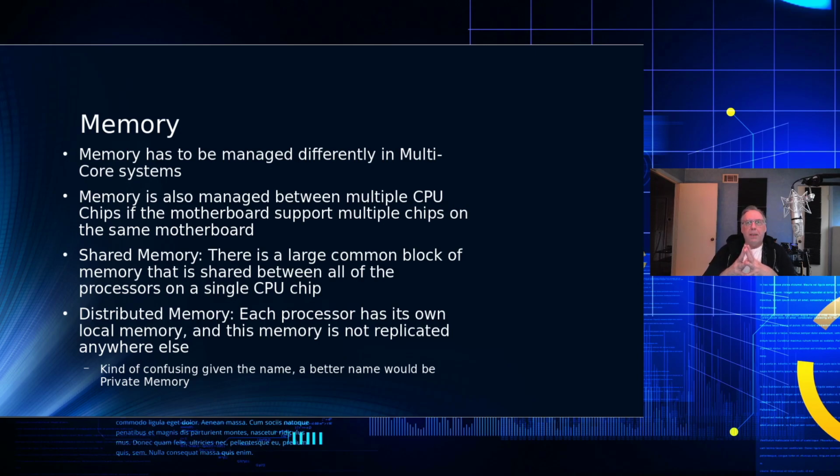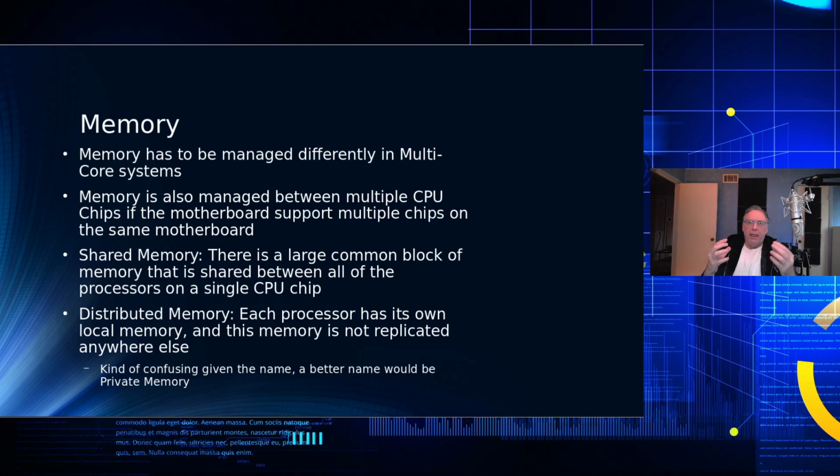There's also something called distributed memory, and it's a little bit confusing that they use this term distributed, because to me, distributed memory would be used between physical pieces of hardware, physical machines, that would allow me to share memory across that, but that's not what it's talking about here. Distributed memory in this construct would be like your level 1 cache. It's private memory.